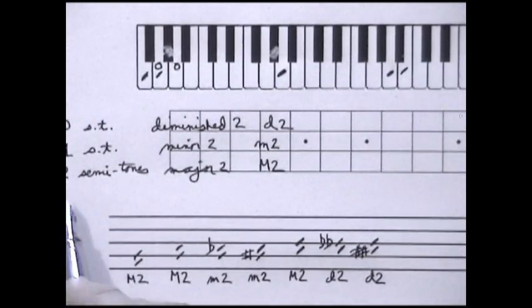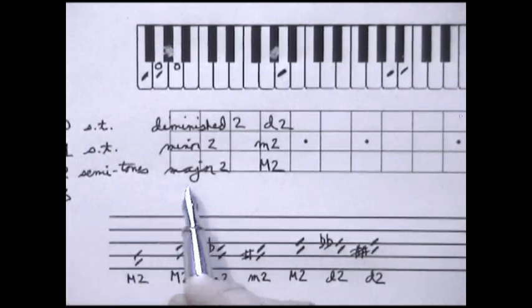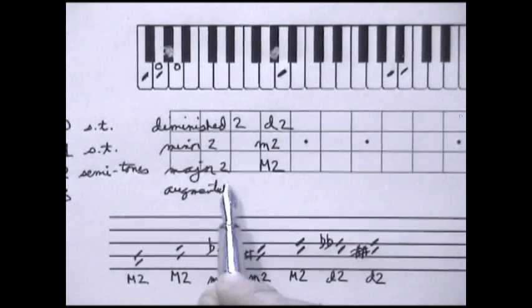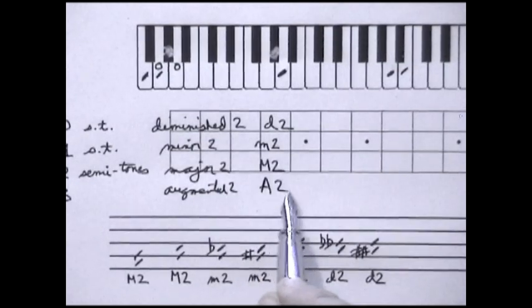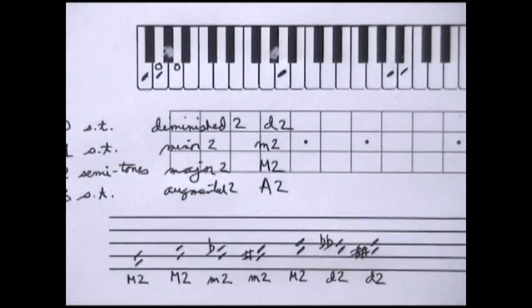And the fourth of these typical types of seconds would be an augmented second, abbreviated capital A2, which has 3 semitones.